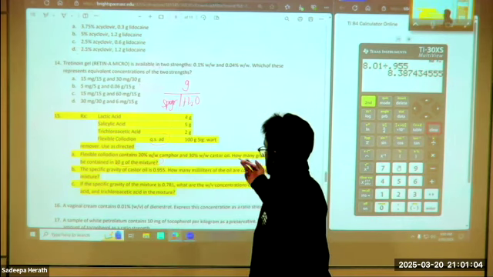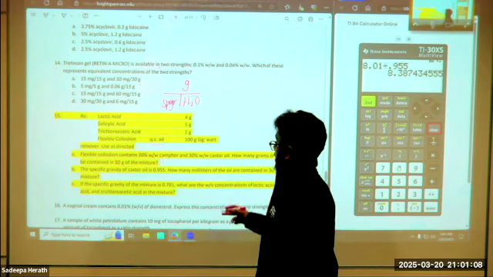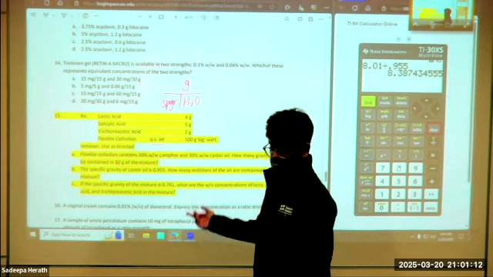So we're looking for the volume of our mixture. We have grams of the mixture, right? And we have our specific gravity of the mixture.